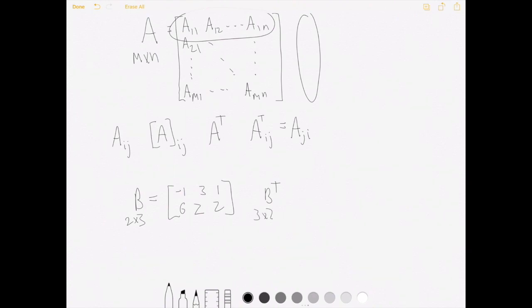A 3 by 2 matrix. So it's going to have 3 rows and 2 columns. The first column is just going to be the first row of B. So we'll take 1, 1, 1, and the second column will just be the second row of B: minus 1, 3, 1.